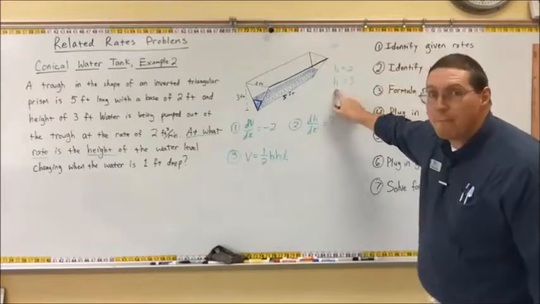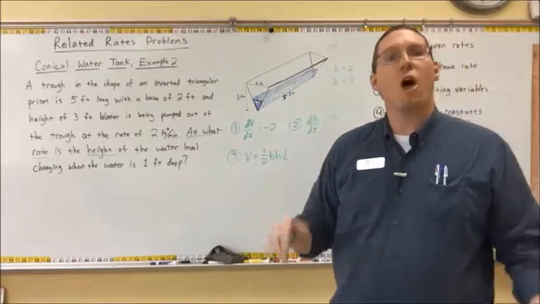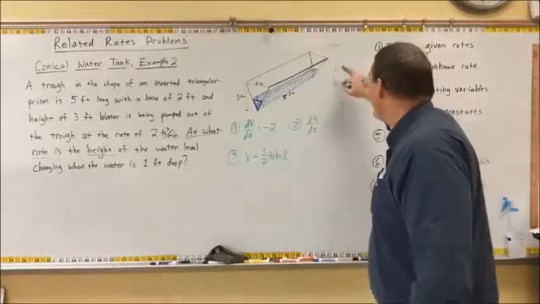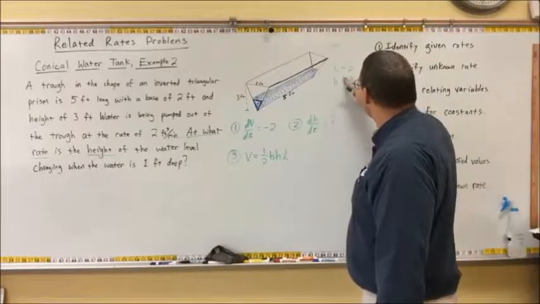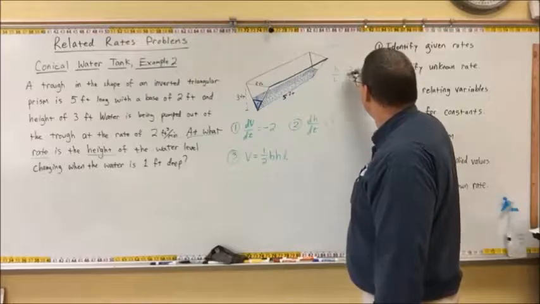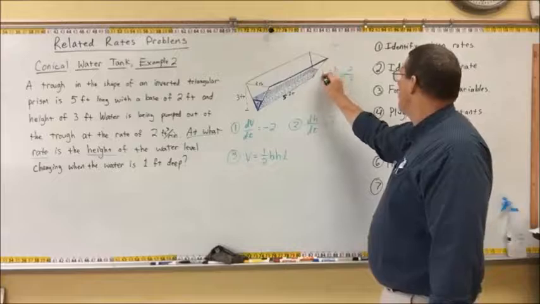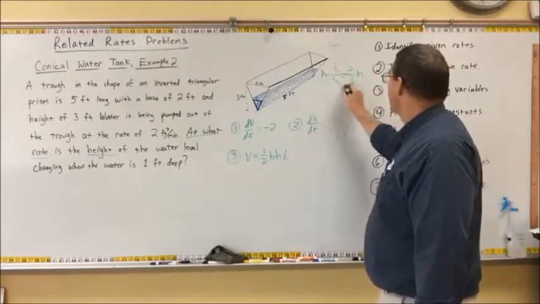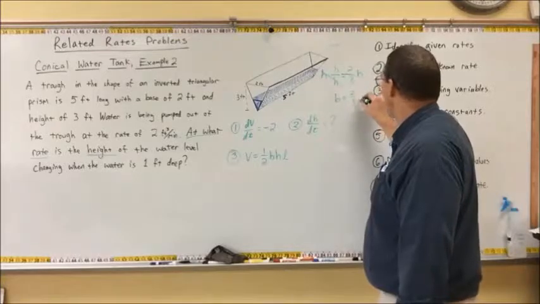Now we want to keep the height because the question is asking about the height, so we want to solve for base. We want to relate these 2 things to each other. So we could say that base over height is equal to 2/3. And now if we multiply by height on both sides, it's going to cancel height on this side, and base is equal to 2/3 of height.